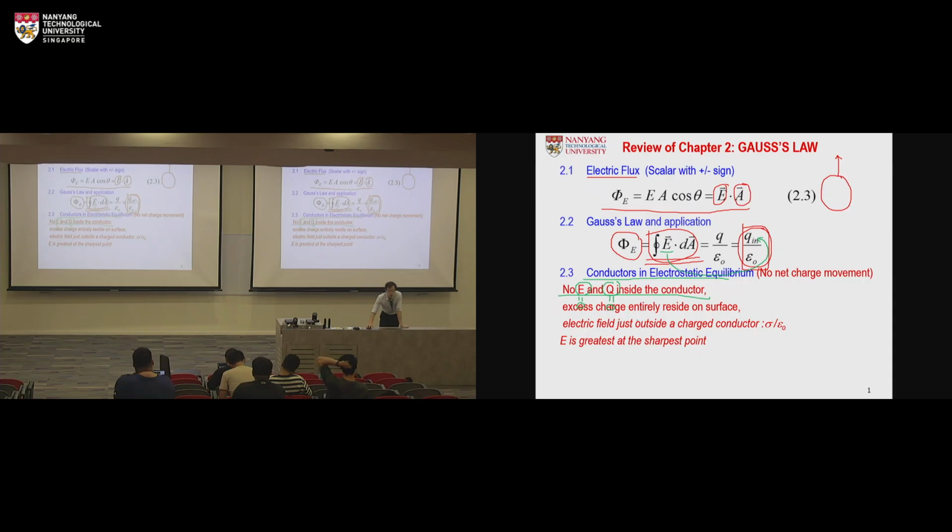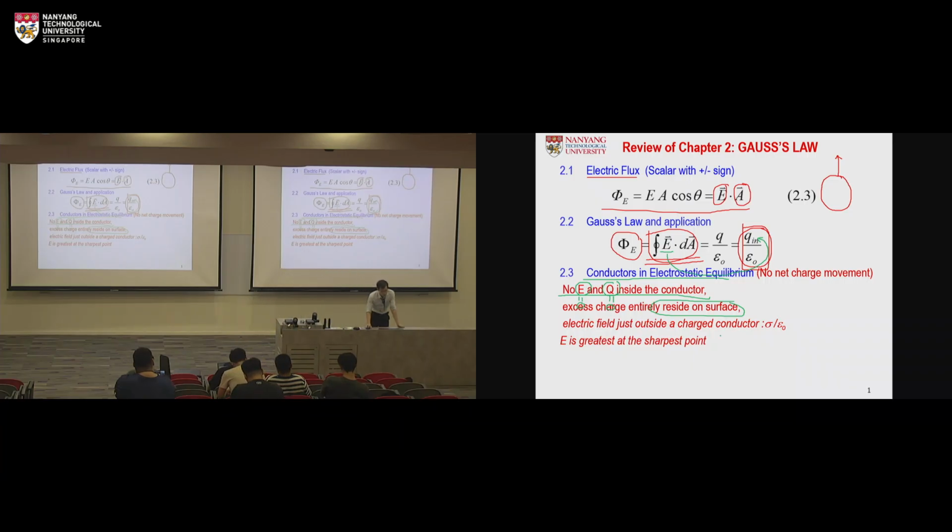This is the first point. And the second point, if there is no charge inside the conductor, then of course the charge can only stay on the surface of a conductor. That is to say, for a conductor, it can still carry finite number of charge, but all those charges can only stay on the surface, not inside the conductor.